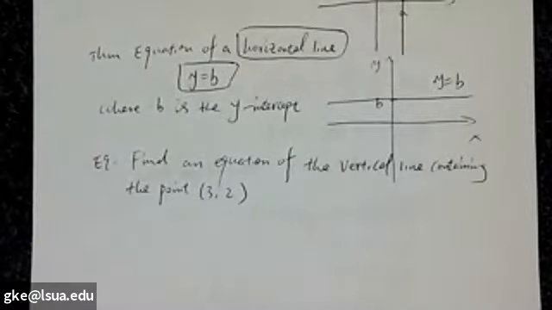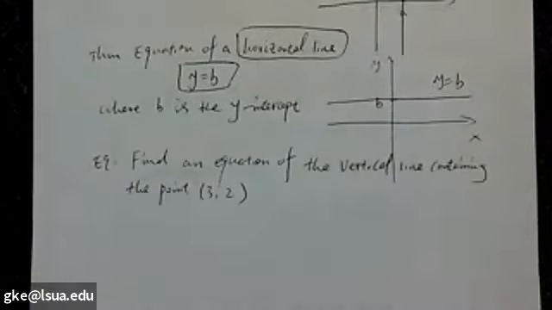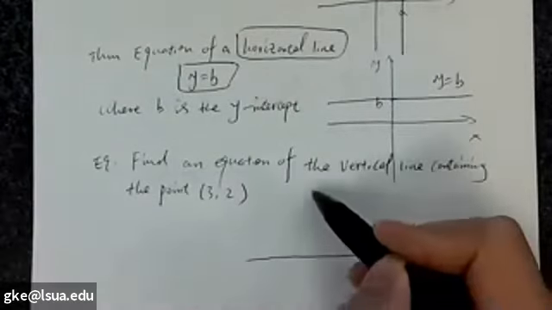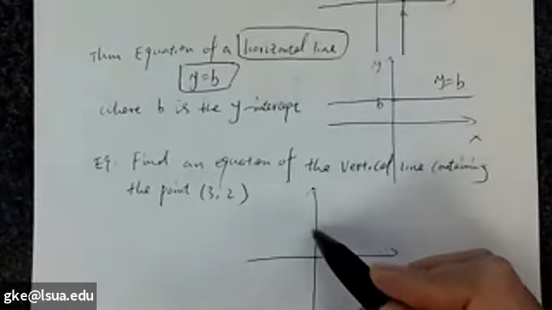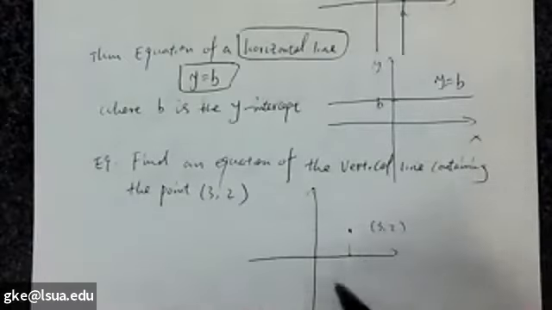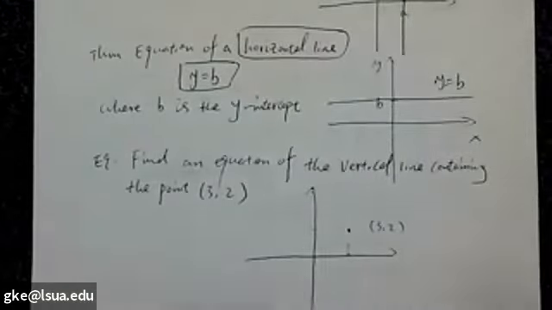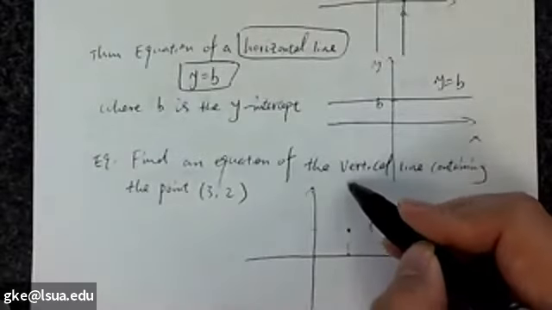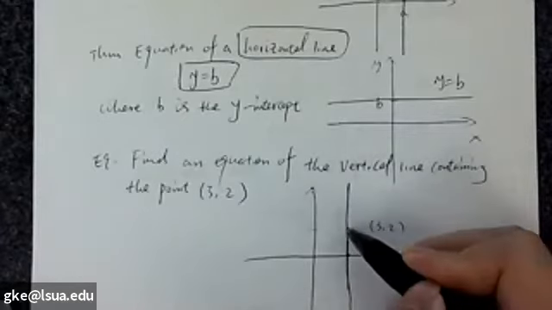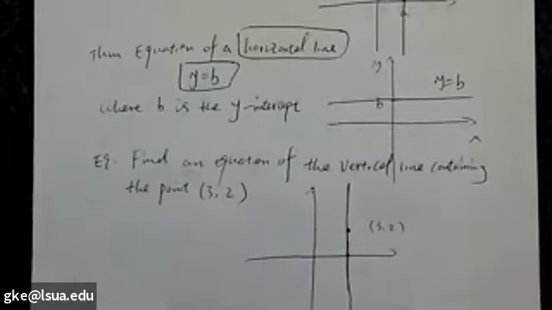Okay, so how to solve this type of problem? The first step, you can draw a picture. There's 3, 2, and you draw a vertical line that goes through this point.